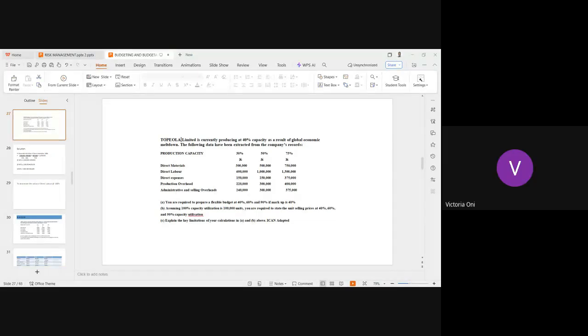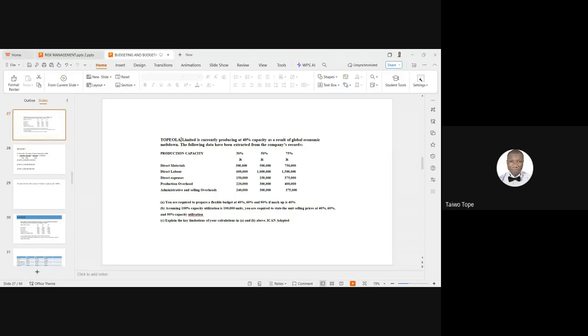Sir, does the question tell us to use the high and low method, or do we just assume? The question will never tell you, ma'am. Once you see the given data with different degrees of outputs, because it might not be in percentage, it can be in form of outputs. This 30% can be 30,000, 50 can be 50,000 units, 75 can be 75,000 units. Then you have the cost item under each.